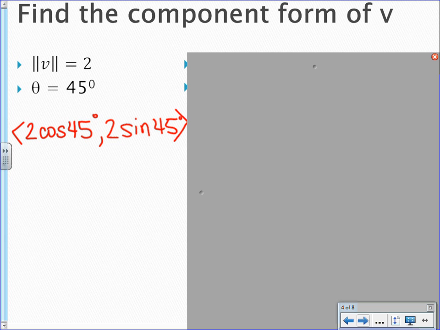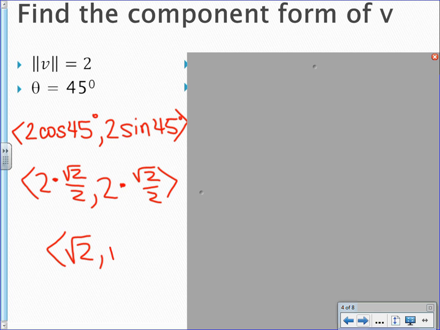Since this is a special angle, we are going to evaluate without a calculator. What is the cosine of 45? Radical 2 over 2. What is the sine of 45? Radical 2 over 2. So we have the vector radical 2, radical 2.